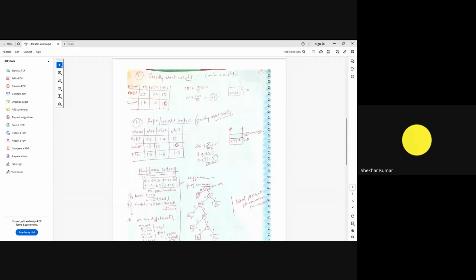Is it clear? Yes. Okay. Now, if we talk about the complexity of greedy, I will discuss it for knapsack through the help of a program.